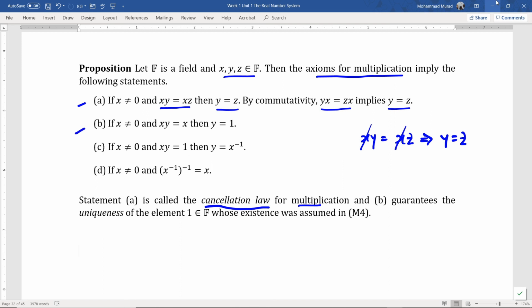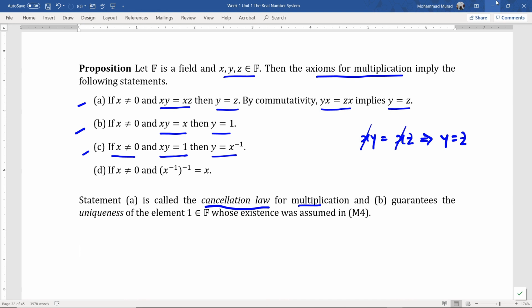Similarly, the statement B says if x is not equal to 0 and xy equals x, then y must be equal to the multiplicative identity element 1. C. If x is not equal to 0, then the product xy equals 1 implies that y must be equal to the multiplicative inverse of x.